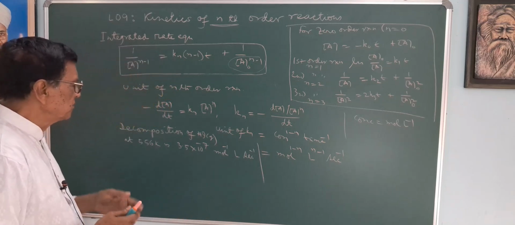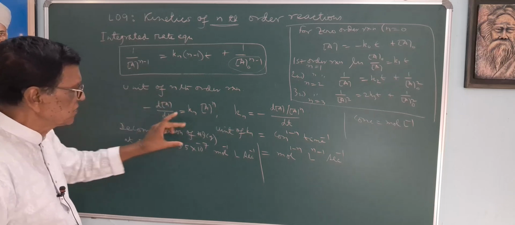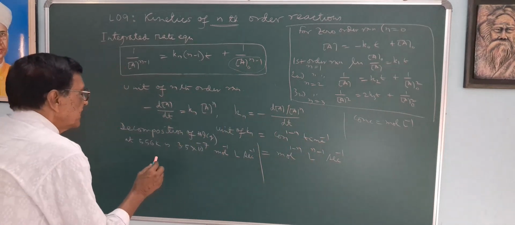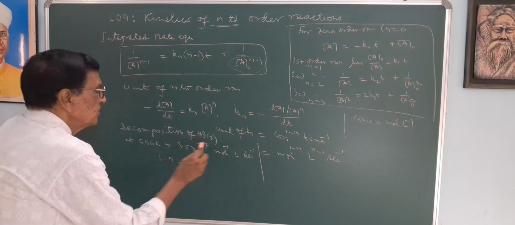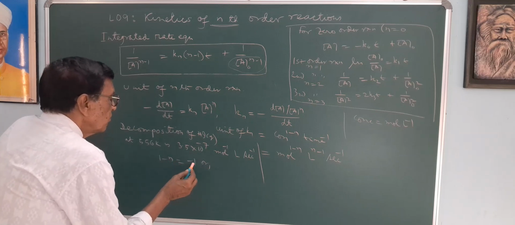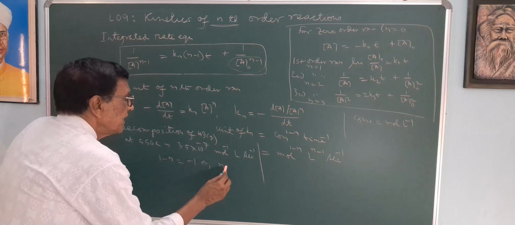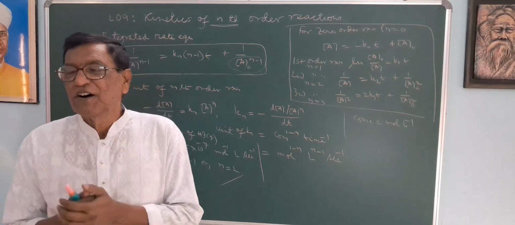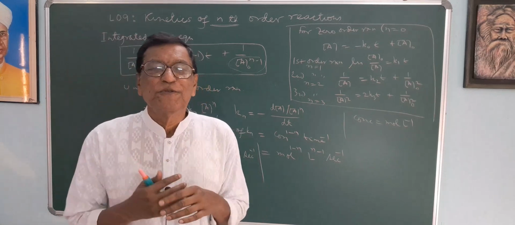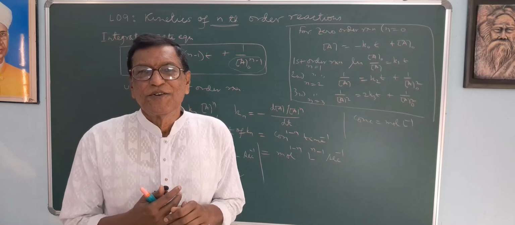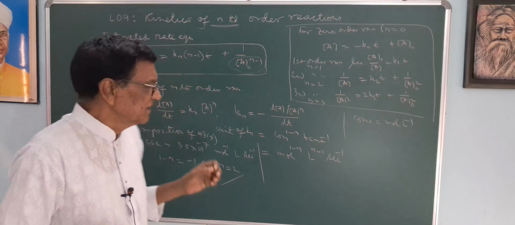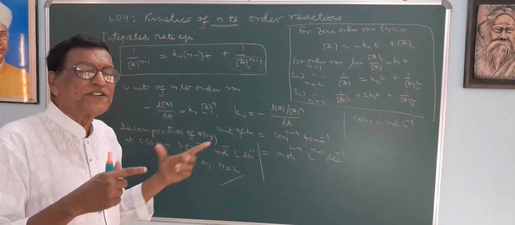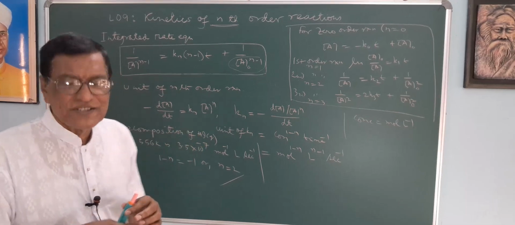So if you want to find out the order of this decomposition of HI, you can equate the power. Say 1 minus n equal to minus 1, or 1 here coming in there, n equal to 2. So this is the second order reaction. So the unit of this rate constant will give you the order of this reaction. If the order of this reaction is not mentioned in any problem, from the unit of the rate constant you can find out what is the order of this reaction.